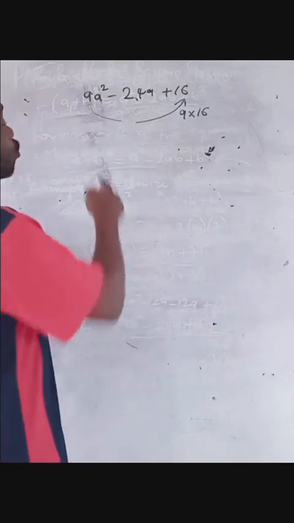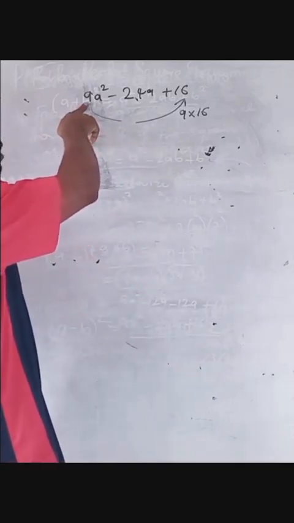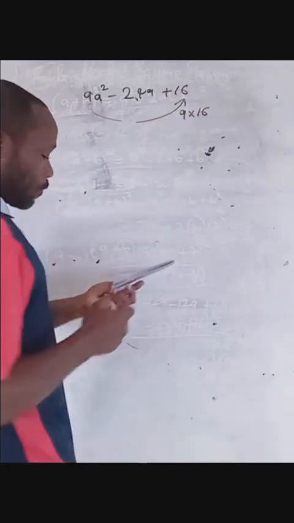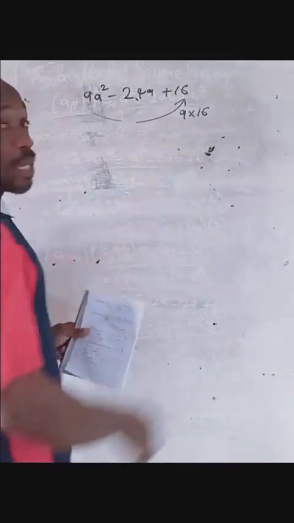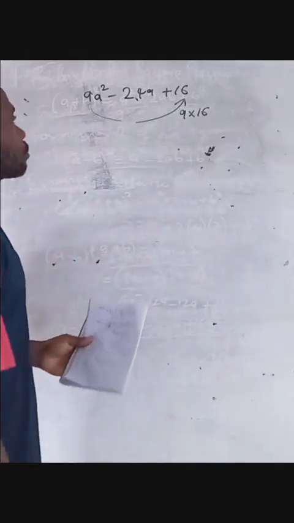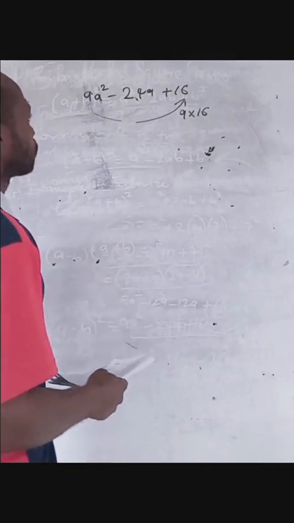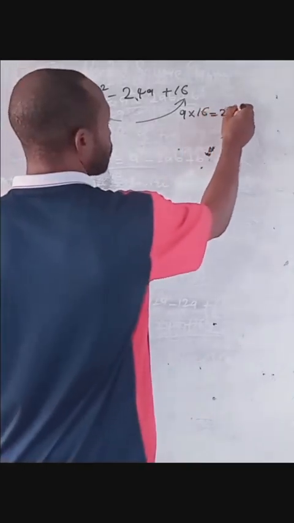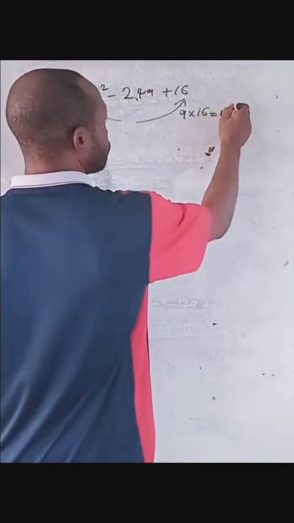The first thing you do, you use this 9 here, the coefficient of a squared, to multiply this constant. So you have 9 multiplied by 16, and 9 multiplied by 16 is equal to, sorry, 144.